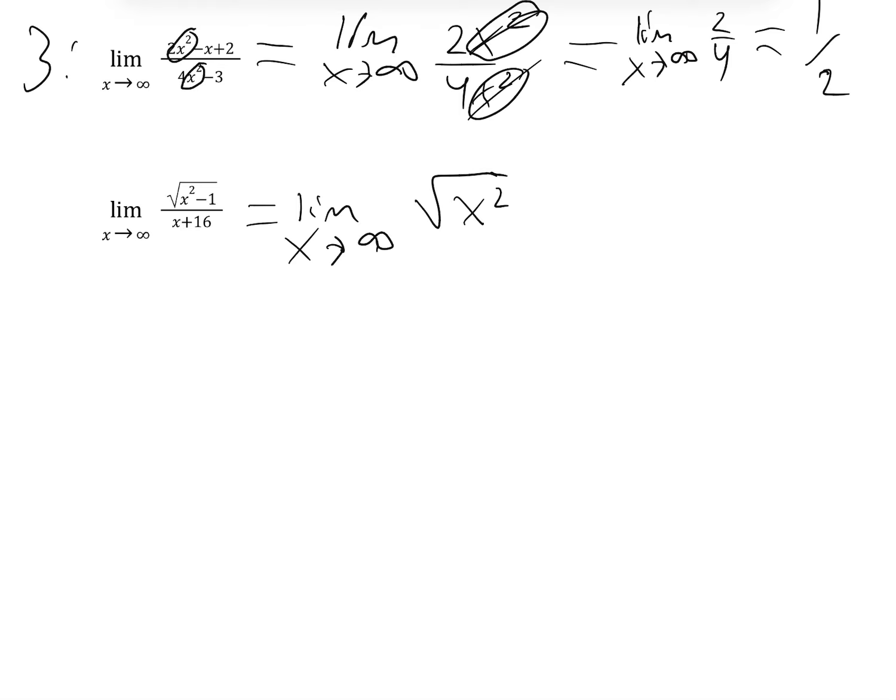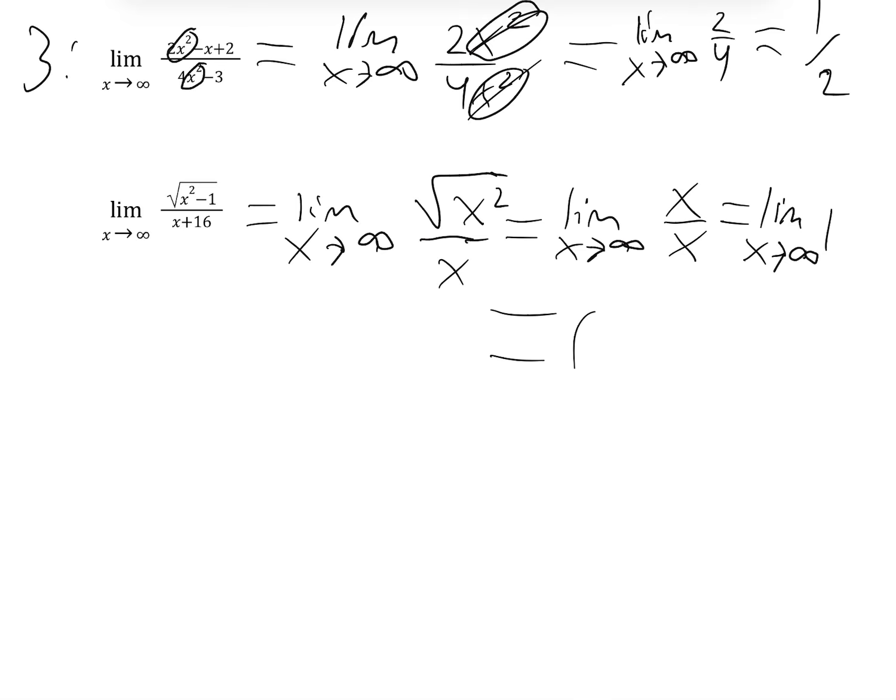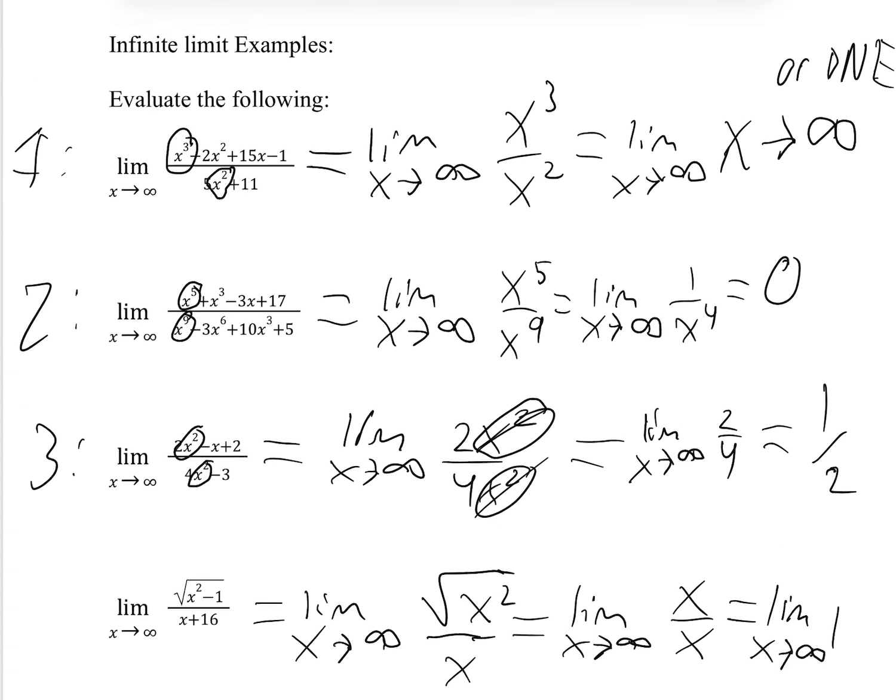We still have to consider the square root because that'll affect x's value. Now we can take its square root, so x over x. This equals the limit as x goes to infinity of 1. This equals 1.